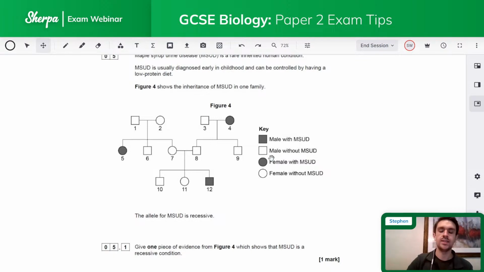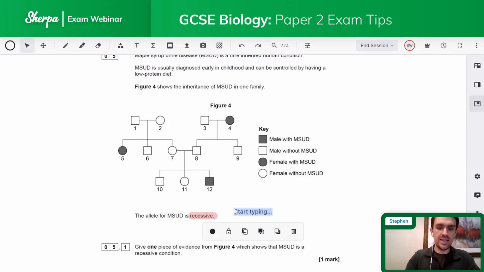question understanding the key. So we've got males as squares, females as circles, and any shaded circle is an individual that is affected by MSUD, and any unshaded circle is an individual that is not affected by MSUD. Now, a key bit of information we are told down here: the allele for MSUD is recessive. Now, remember what we mean by that term recessive.